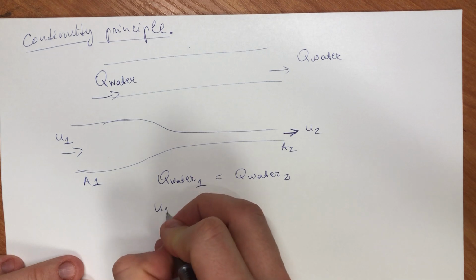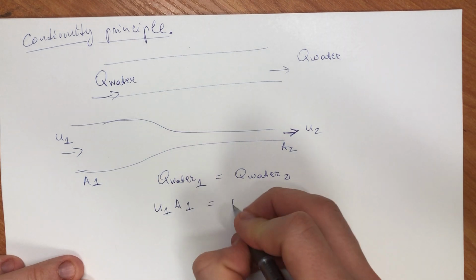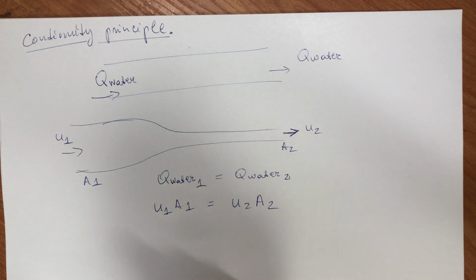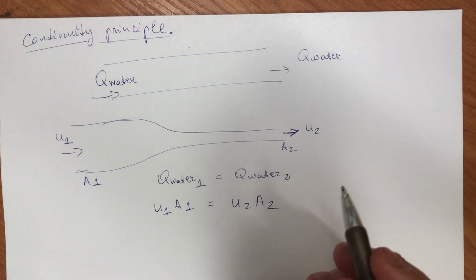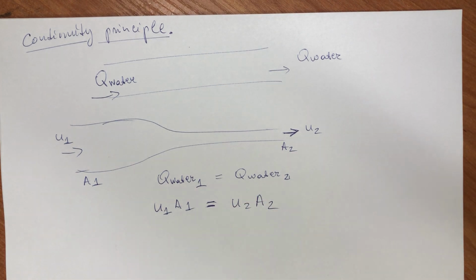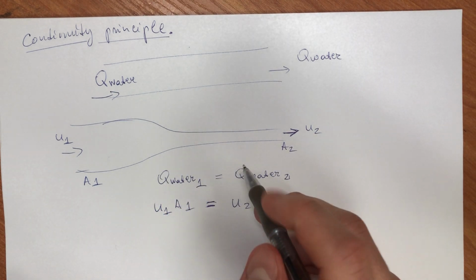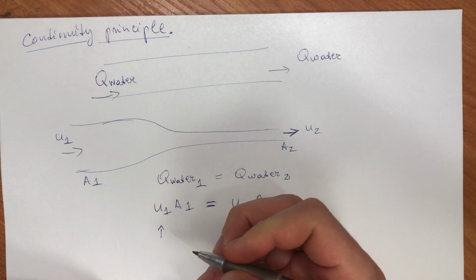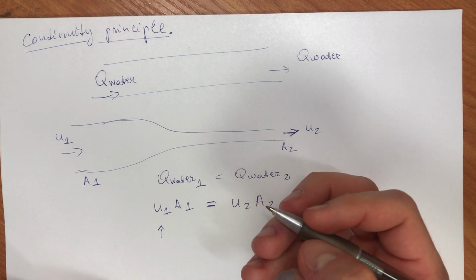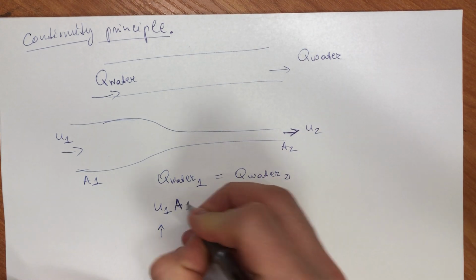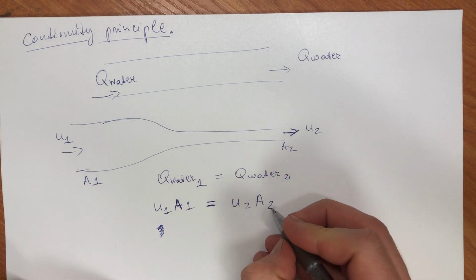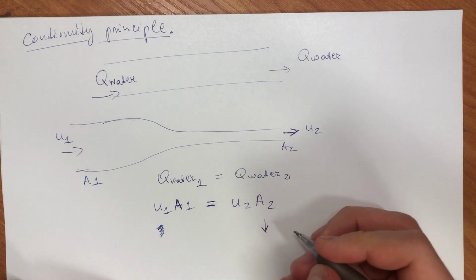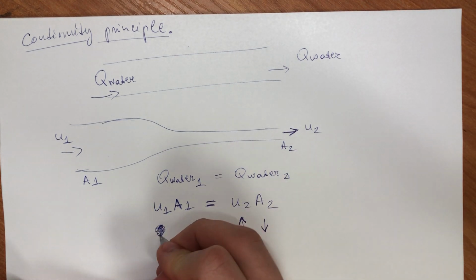So we can write this as U1 A1 equals U2 A2, like we did here, U and A. If this continuity principle holds, and it is true because there is no water accumulation anywhere, then if A2 decreases, the cross section decreases, U2 has to increase.